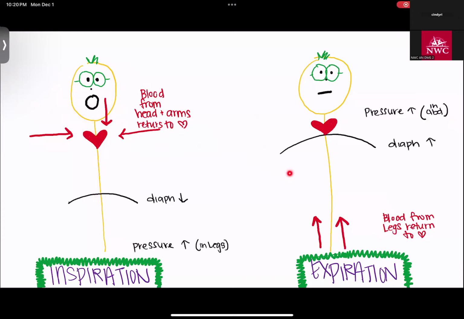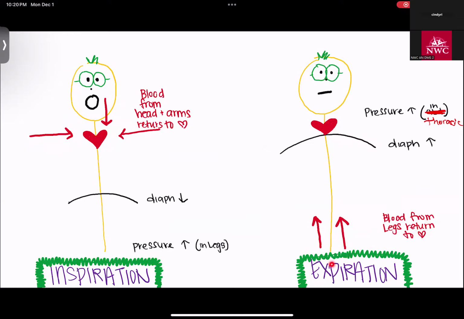Then when the diaphragm moves up, it's increasing the pressure in the thoracic cavity. I think I have another mistake here, I have abdomen instead of thoracic. Okay. Then you have an increase in blood return from the legs, and that's why you have that here.